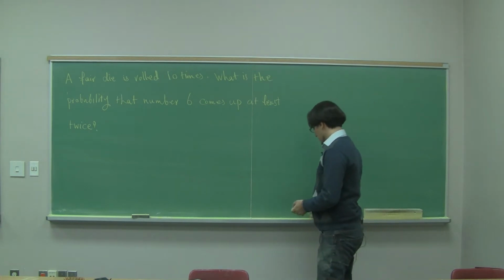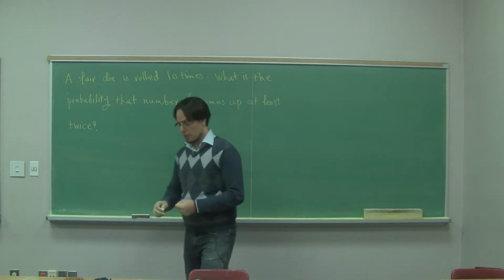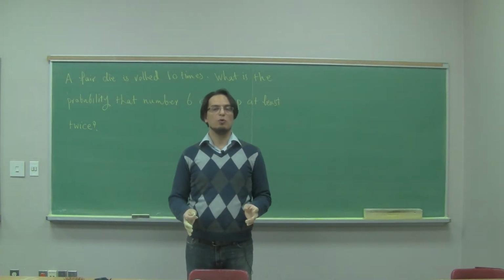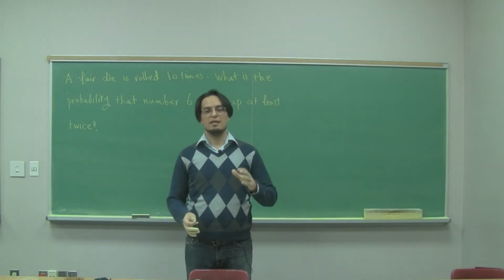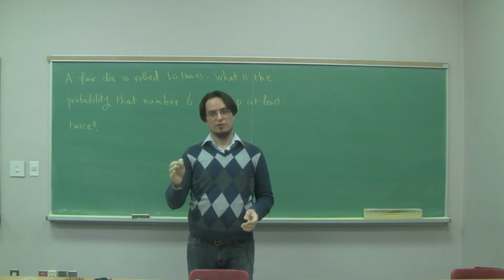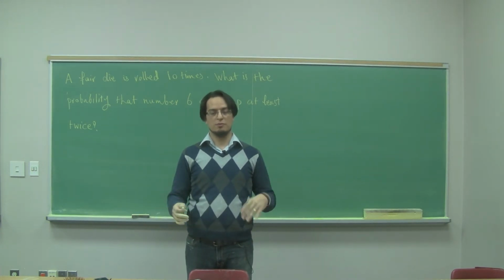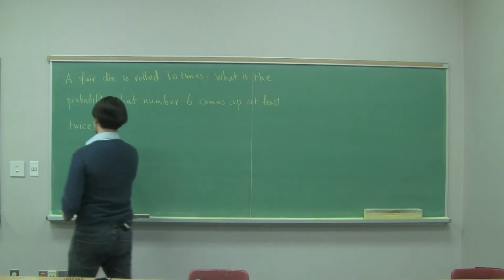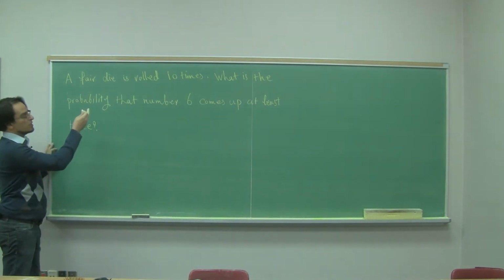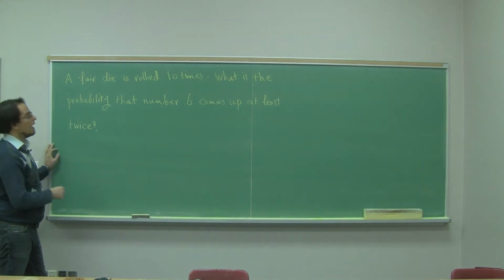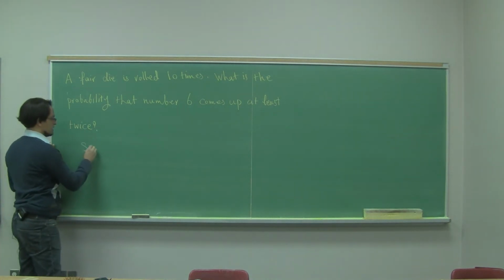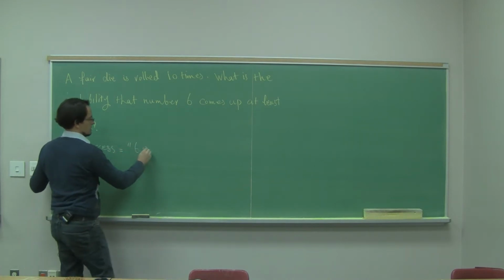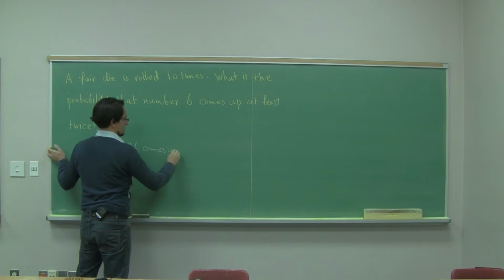Let's see what is a Bernoulli trial. A Bernoulli trial is when you have an experiment with only two outcomes. We say success or failure, two outcomes, win or lose. So in this case, the experiment is tossing the die, and the success is that 6 comes up.